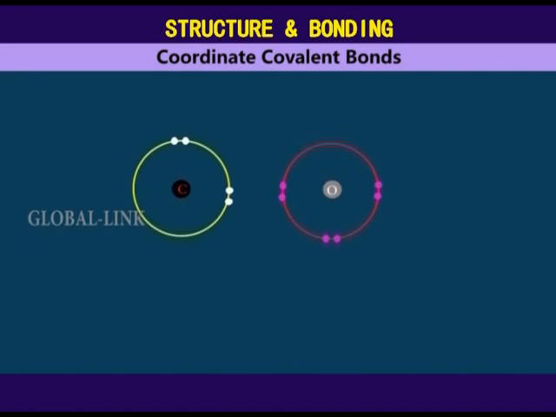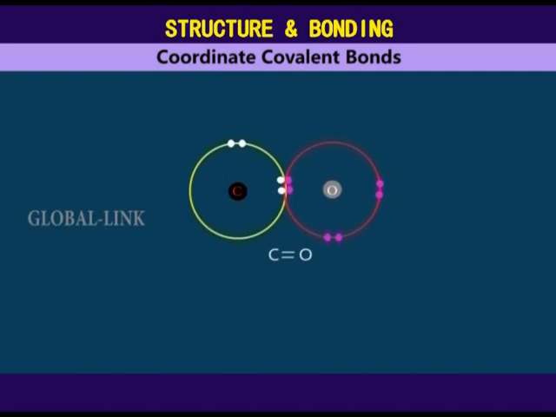The oxygen atom and the carbon atom in carbon monoxide form 2 covalent bonds first. Oxygen then donates one of its 2 unshared pairs of electrons to form a coordinate bond with the carbon atom. Since a coordinate bond is formed when the combining species share a pair of electrons, it is a type of covalent bond.